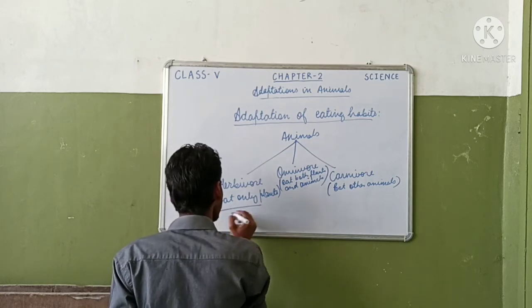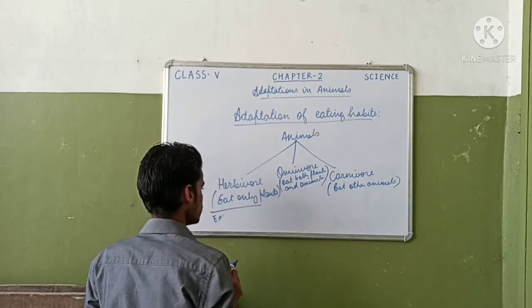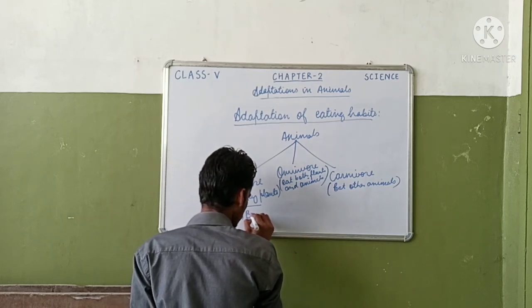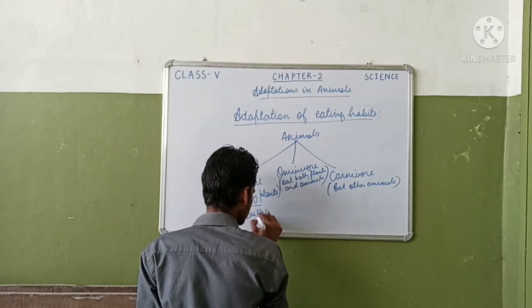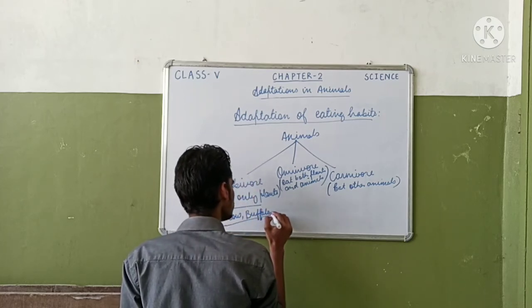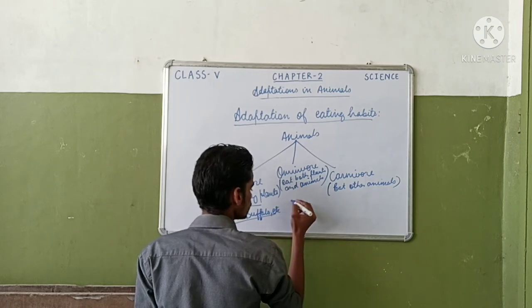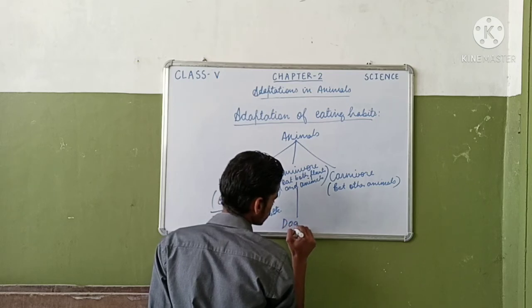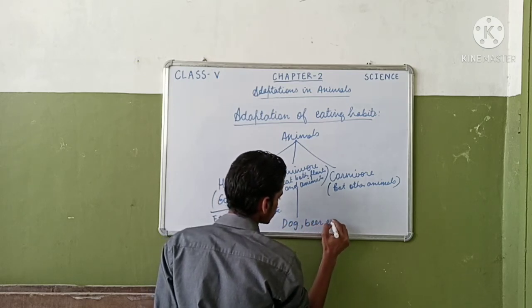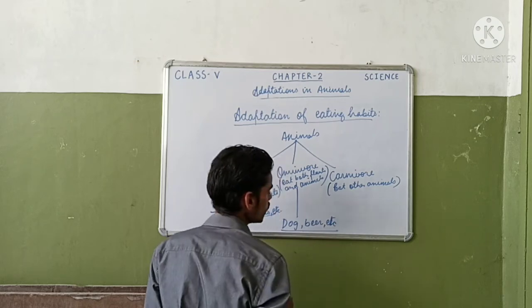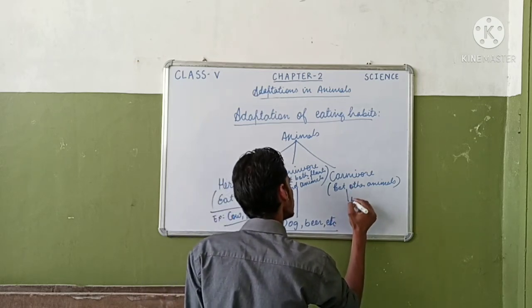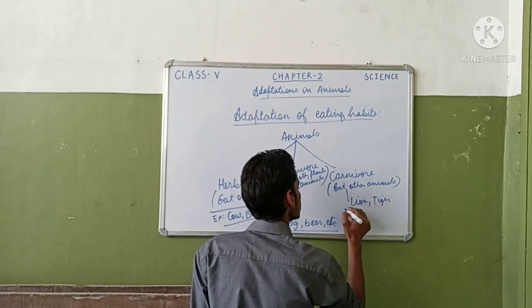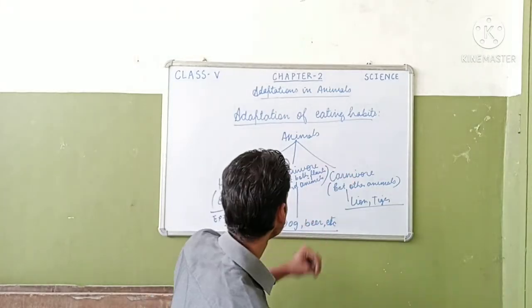Examples of herbivores are cow, buffalo, etc. Examples of omnivores are dog, bear, etc. Examples of carnivores are lion, tiger.